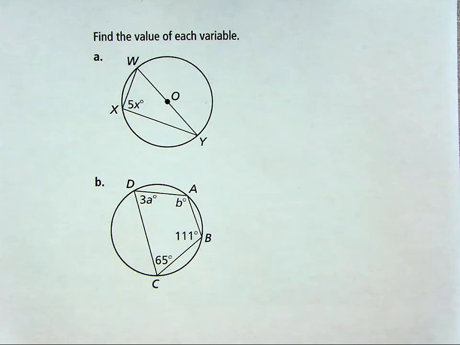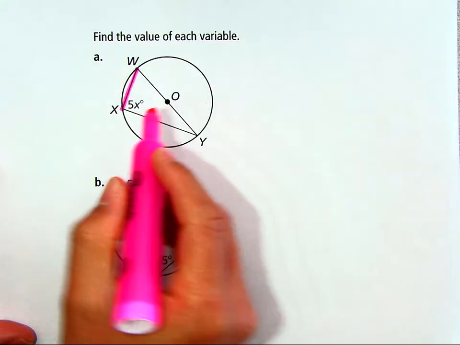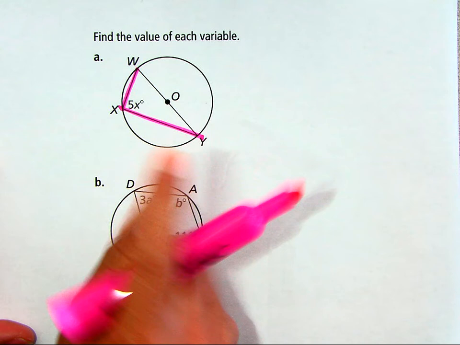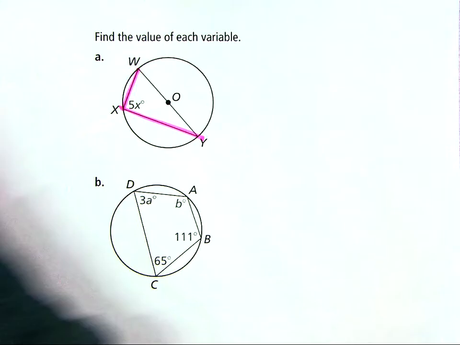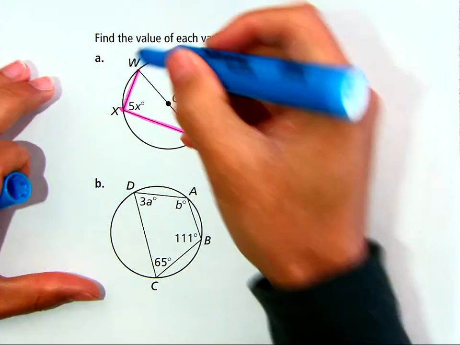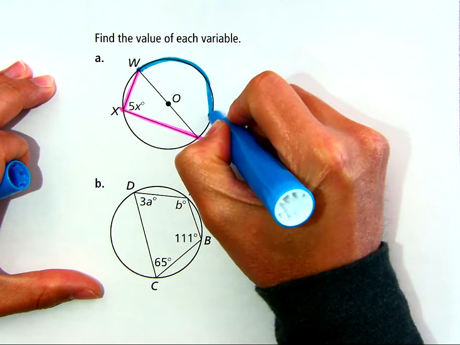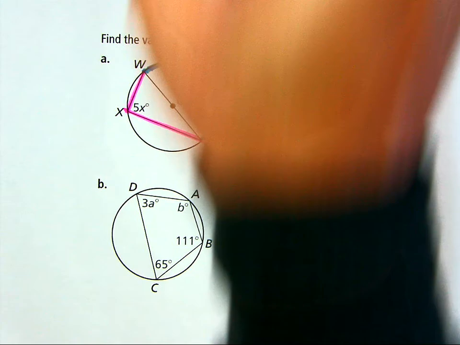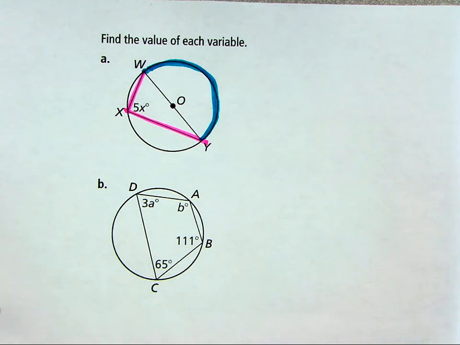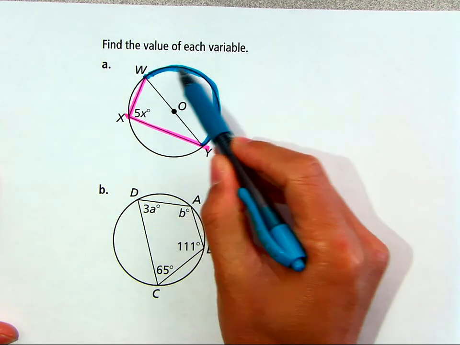Here we have angle X, whose measure is 5x degrees, and it produces an arc, which I'll color code in blue, along the edge of the circle. Now, think for a moment, what do we know about this arc's measure?